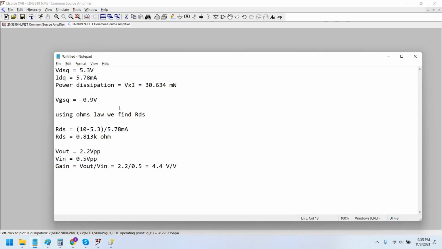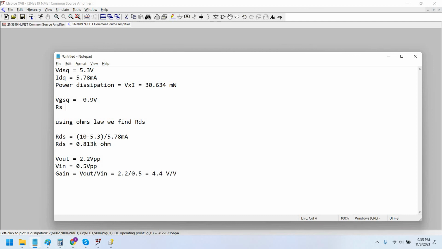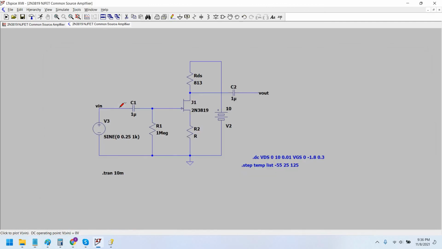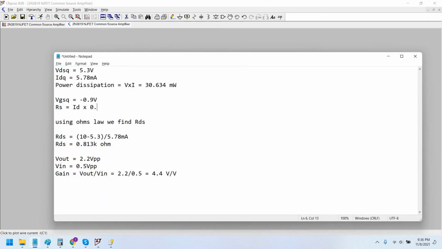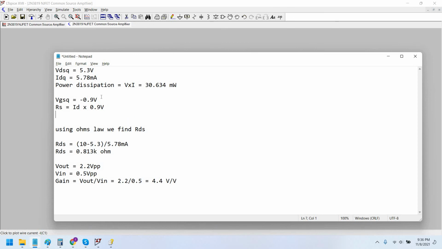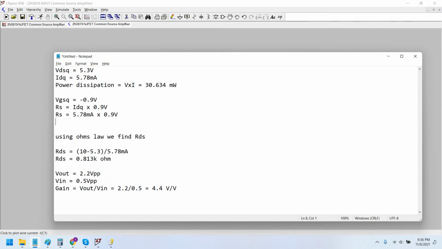So RS, the source resistance, would be equal to ID multiplied by 0.9 volt. Okay, therefore IDQ was 5.78 milliampere multiplied by 0.9 volt. Therefore resistance would be 5.78 multiplied by 0.9.